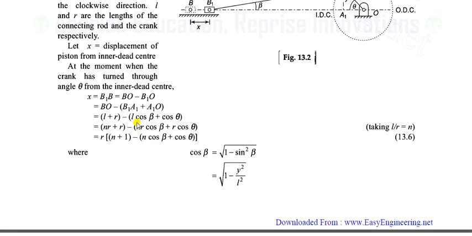So now L is equal to N into R, taking R common, so now here N plus 1 minus N cos beta plus cos theta, okay, R we took common.